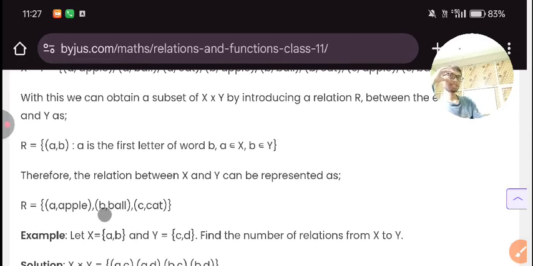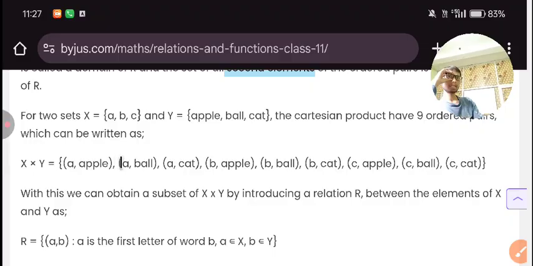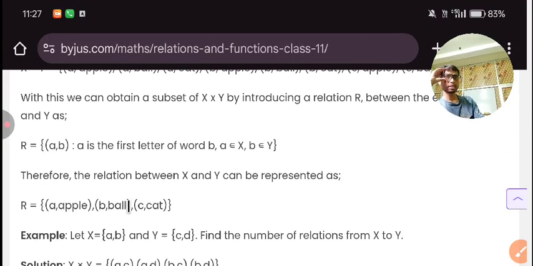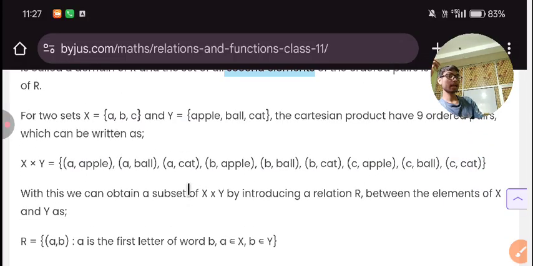Here we have this, this is the relation. We cannot say that this would be relation. This is the Cartesian product of a set, and this is the relation which is a subset. It is a subset of this Cartesian product of the sets. Remember.